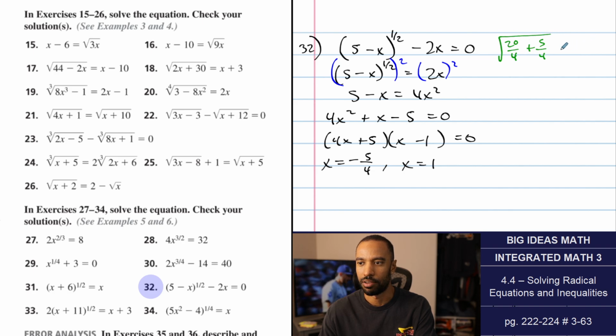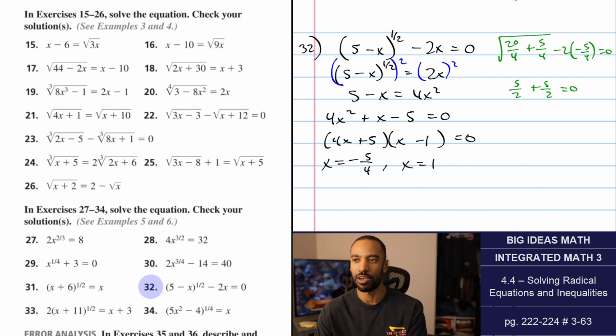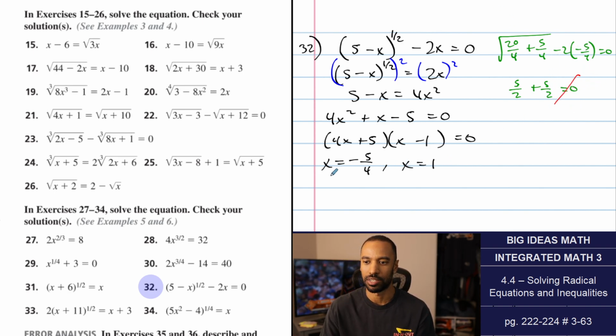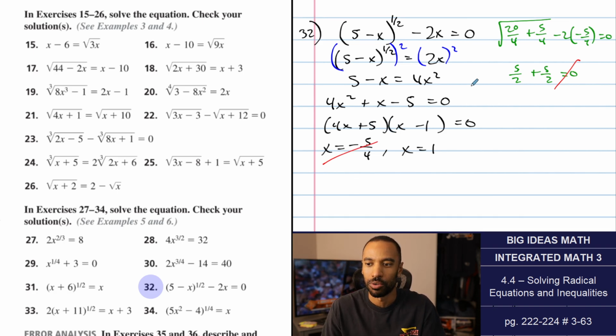And we're taking square root of minus 2 times negative 5 fourths equals 0. This is 25 fourths, and square root of 25 fourths is 5 halves. This becomes positive 5 halves. So you get 5 halves plus 5 halves equals 0. Oh, if only it was a negative 5 halves, it would have worked, but it did not. So it doesn't work. Only x equals 1 works.